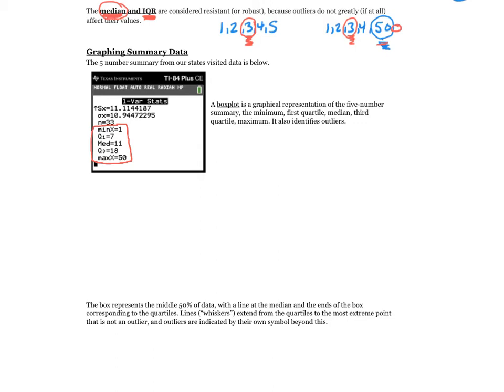So when you're making a box plot, the first thing you need to do is make an x-axis. Okay, and we need to scale that axis to include all of the data. And the data runs from 1 to 50. So maybe we could start at 0 and count by tens on our x-axis.